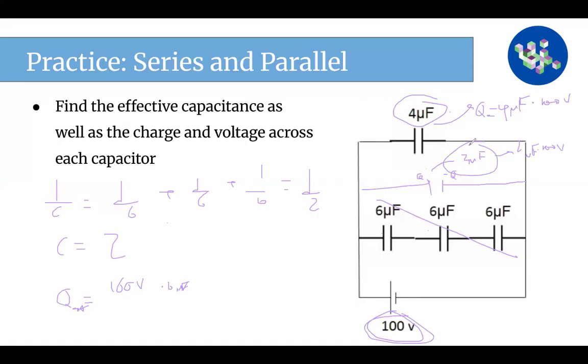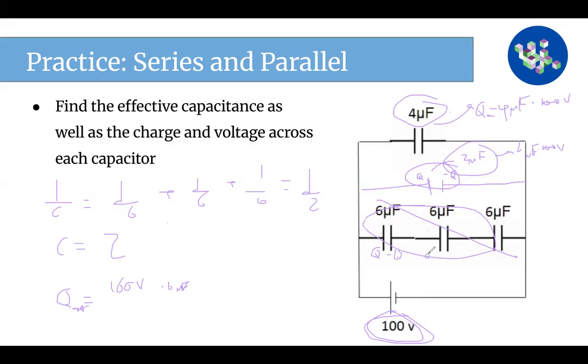Now, remember this 2 microfarad we got after we replaced these three capacitors in series. When we replace them with one equivalent capacitor, one plate had a charge Q and the other negative Q. Because it's in series, it's the same Q that's on each of these capacitors.